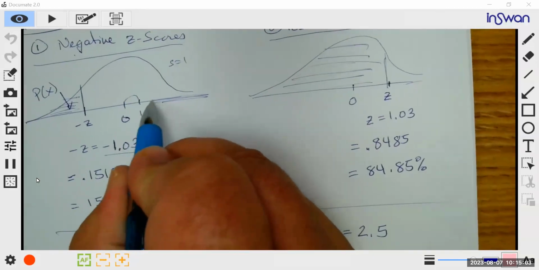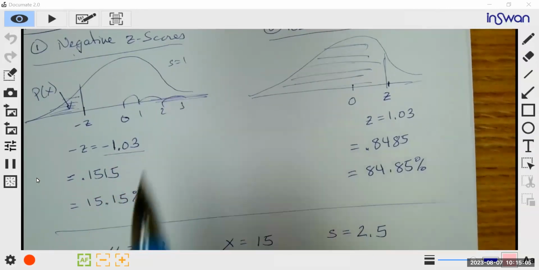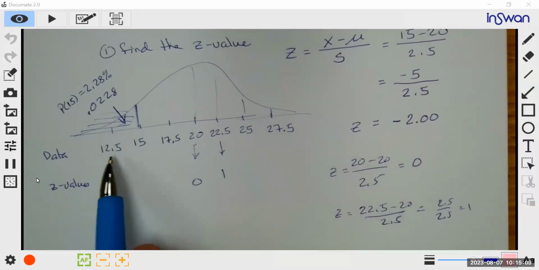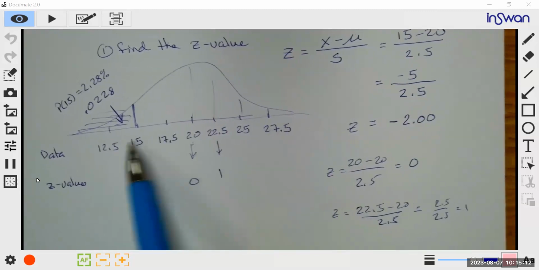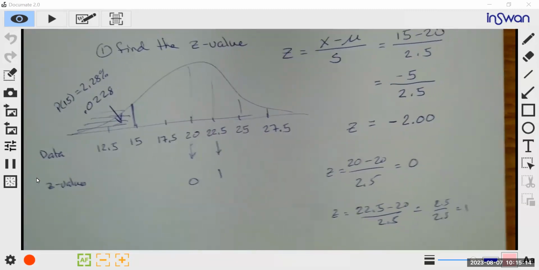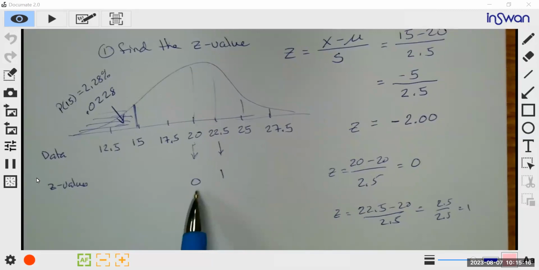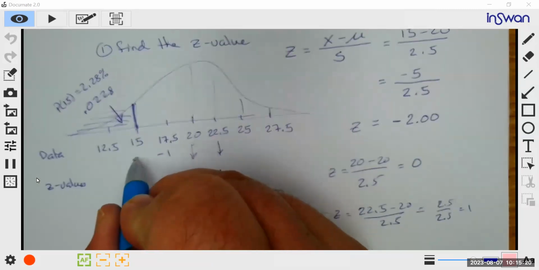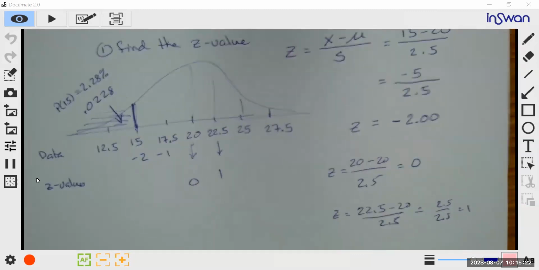So that's 1, 2, 3. That's after we convert it to z-scores. So if you're using our data set, yes, you'll have these numbers. If you convert this to z-scores, you'll have 0, 1, 2, 3, 0, 1, 2, 3. And our value fell right here, which is exactly at -2.